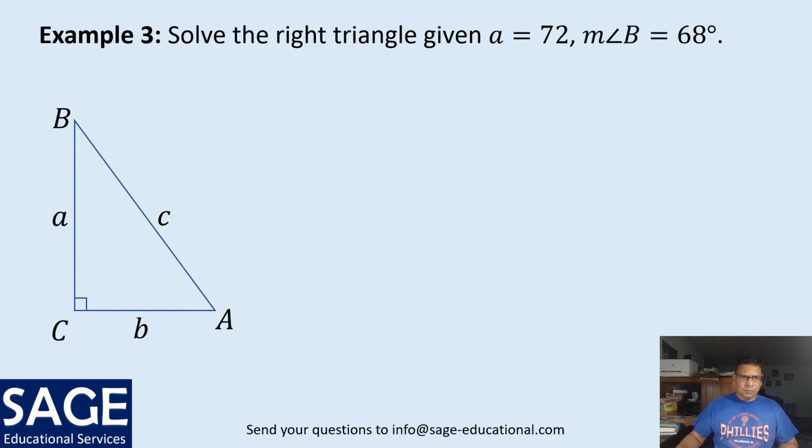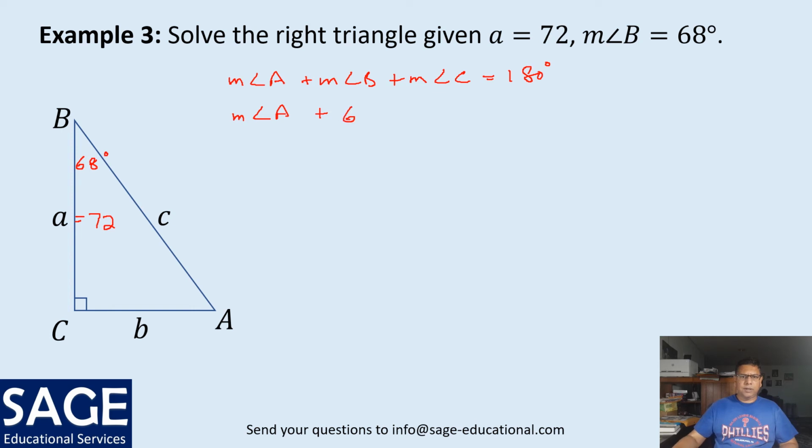Here's another example. So we have A is equal to 72 and we are given that measure of B is equal to 68 degrees. So let's first find the measure of angle A. So measure of angle A plus the measure of angle B plus the measure of angle C is equal to 180 degrees. Measure of angle A is something that we are trying to figure out.